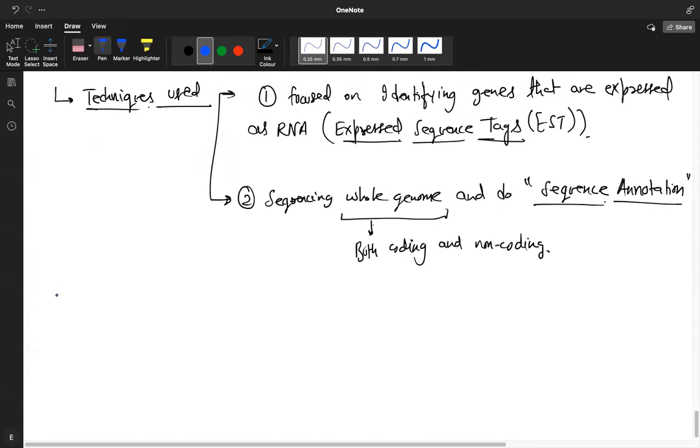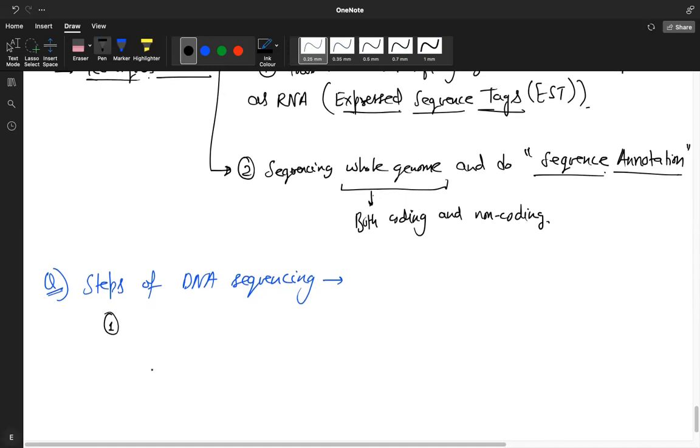So write down the steps. I have seen this as a question once. Steps of DNA sequencing. So first, total DNA was isolated or extracted from a cell.